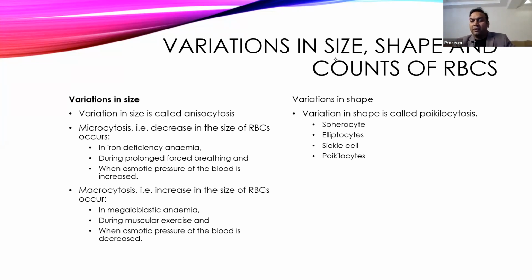Because of that tendency, the hemoglobin precipitates. Now when that hemoglobin gets precipitated, it makes the RBC very rigid, and they acquire a crescentic shape of the RBC. It is like something like this. And this is called sickle cell anemia.